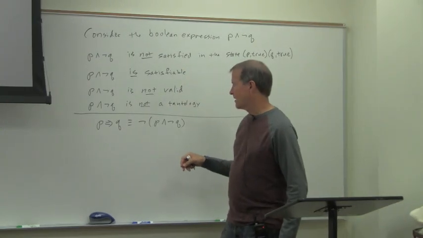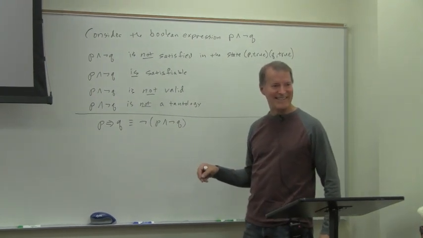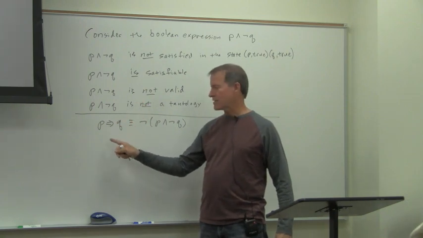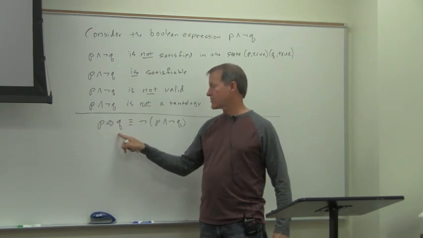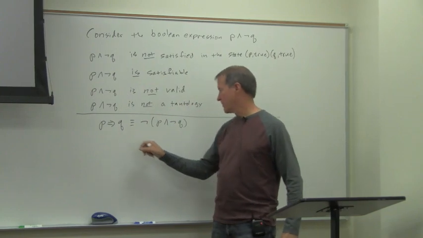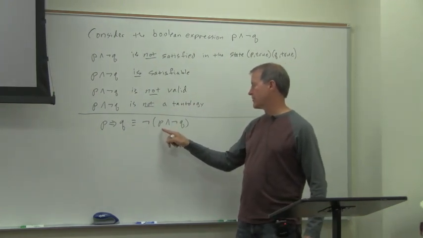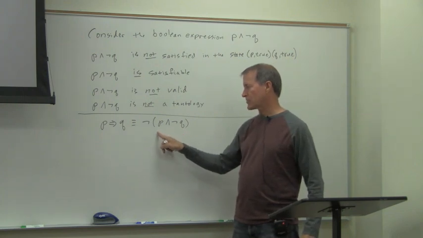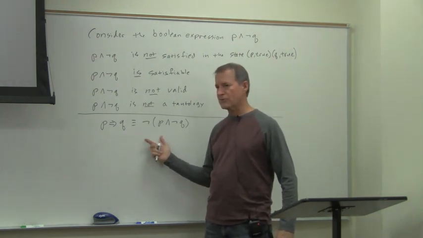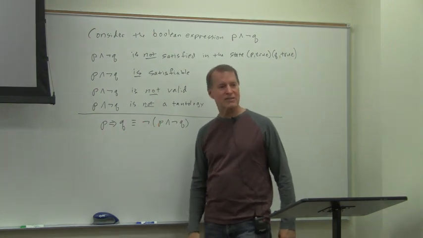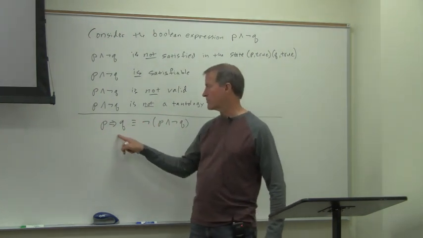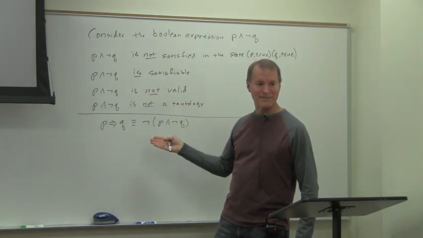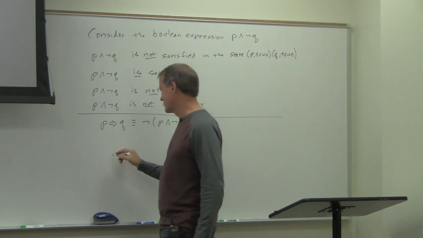P true, Q true. Yeah, let's see if it's satisfied in that state. Well, this would be true implies true, which is true. And then this would be true and false, so that would be false. But not false is true. So we would have true equals true. So that is true. So it is satisfied in true, true. So it's obviously satisfiable because we just found one, right? I wonder if it's a tautology.